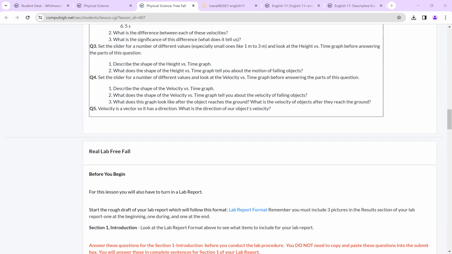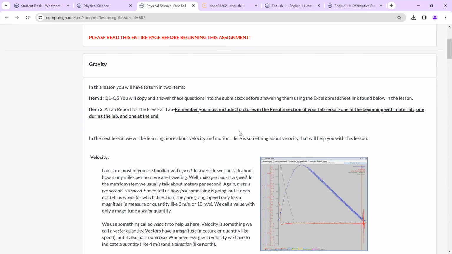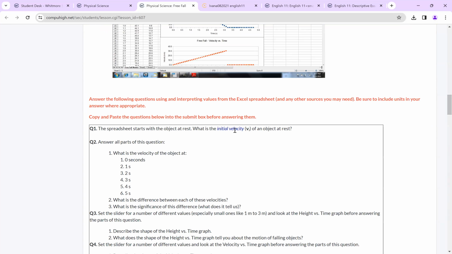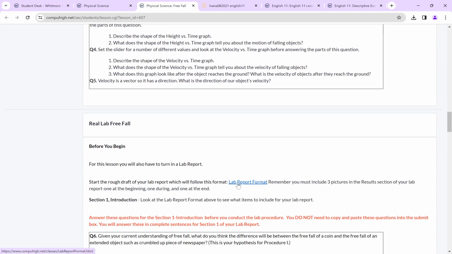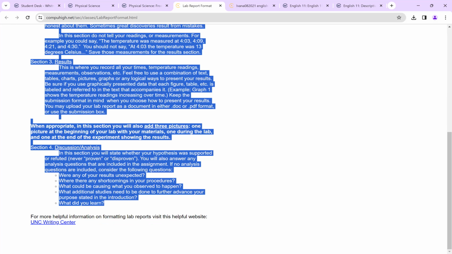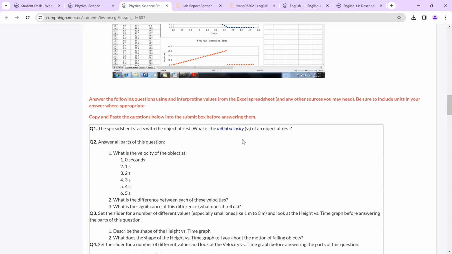Let me start by grabbing the lab template. Where is the lab template? There it is. Okay, so there's the template. Let me grab this and put it into a document. The first thing it says here is to answer these questions.